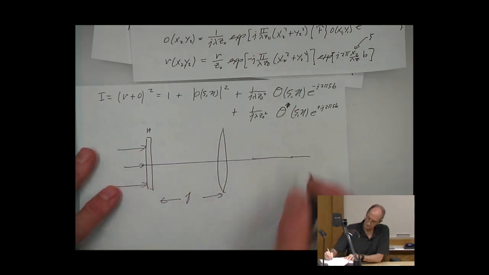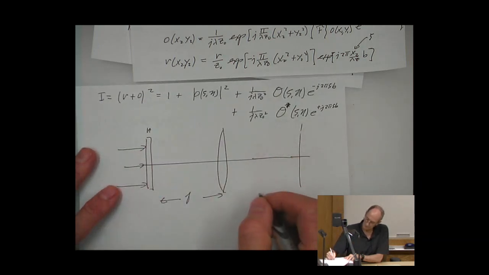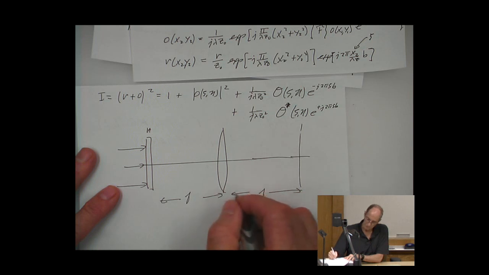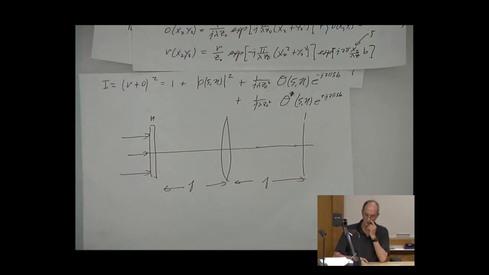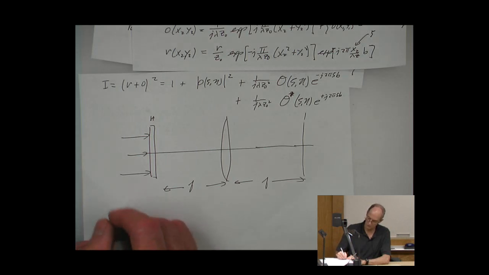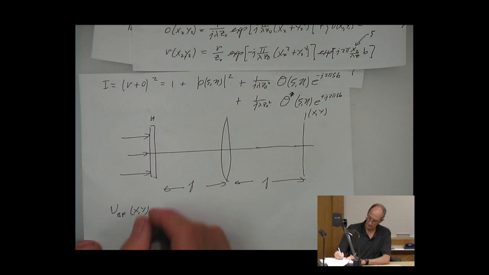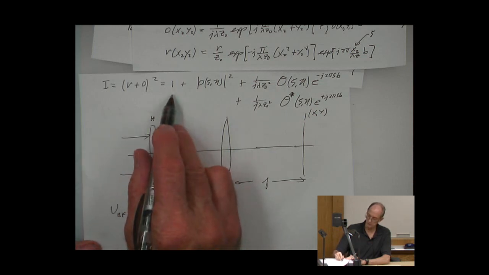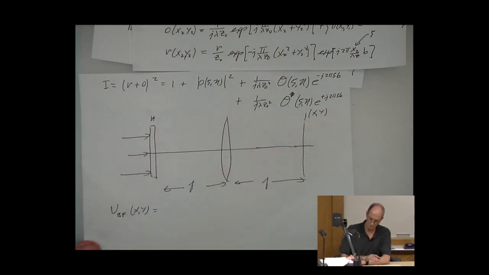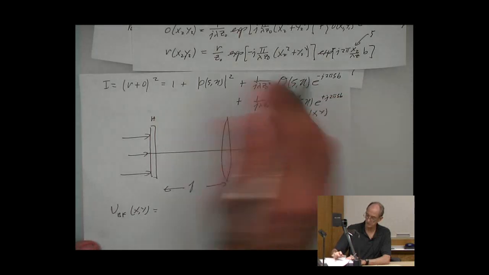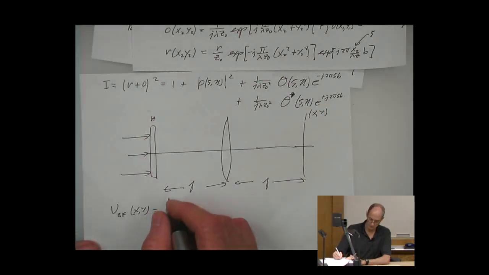We illuminate this, and in the back focal plane, again, we end up reconstructing a set of terms. So u in the back focal plane, x, y, we end up now with the Fourier transform of all these terms here. These are just constants, so we'll knock those out.